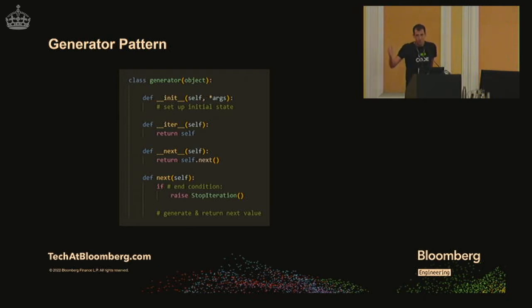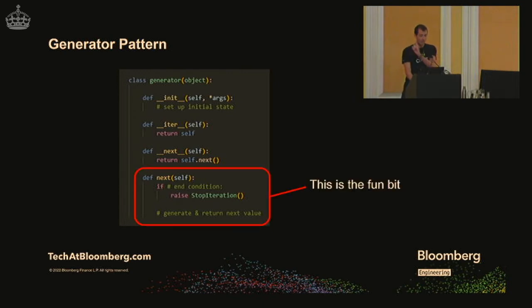If you wanted to create a generator-like object manually, this is the sort of thing you'd do. We need that iter and next dunder. And essentially for generators or generator-like objects, this lazy loading property means that all the fun stuff happens down at the bottom there.